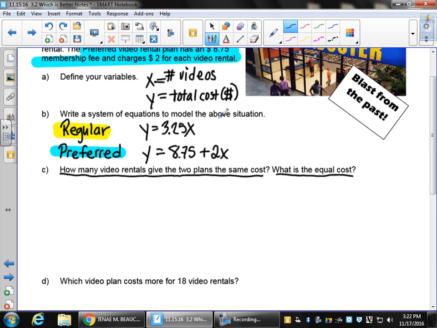We will set one equal to the other. 3.25x equals 8.75 plus 2x. We have a goal of gathering all of the x's to one side. To solve, pause if you have not solved it, finish, and then compare with me.